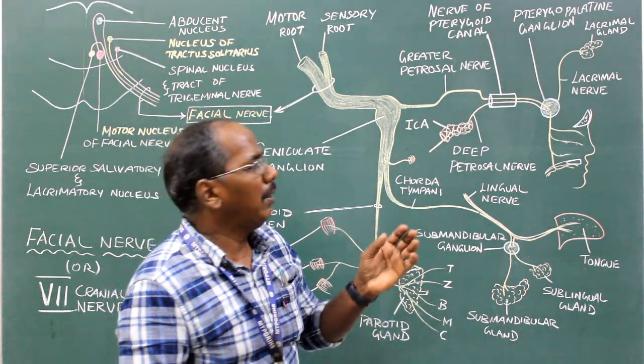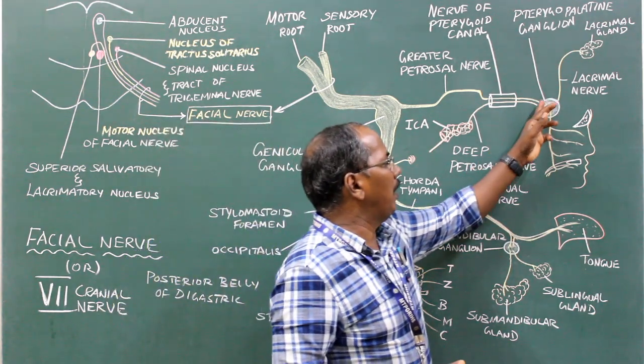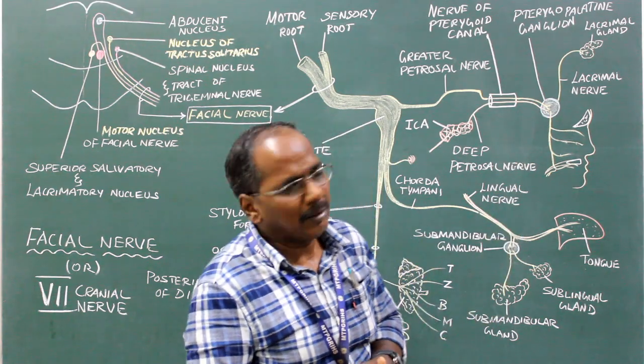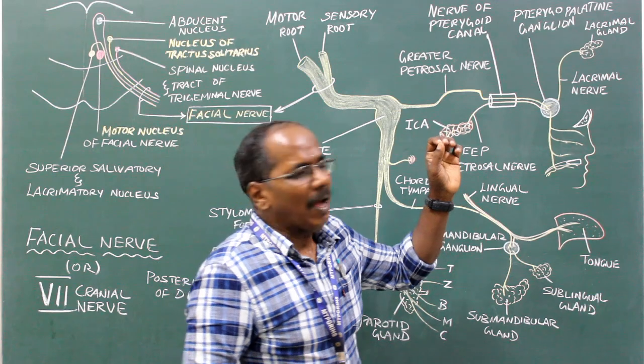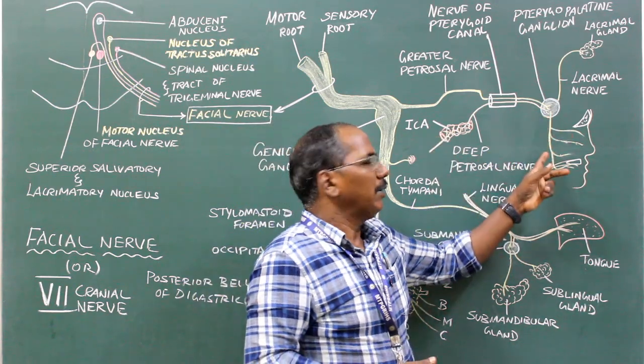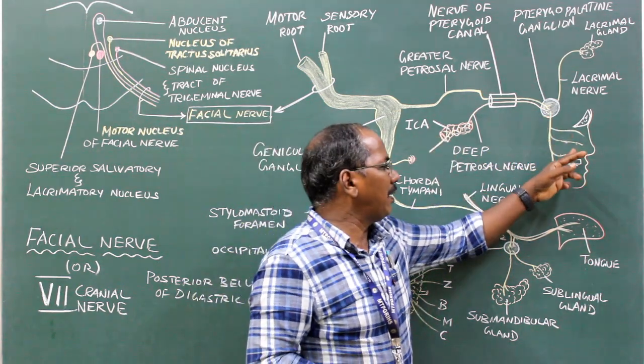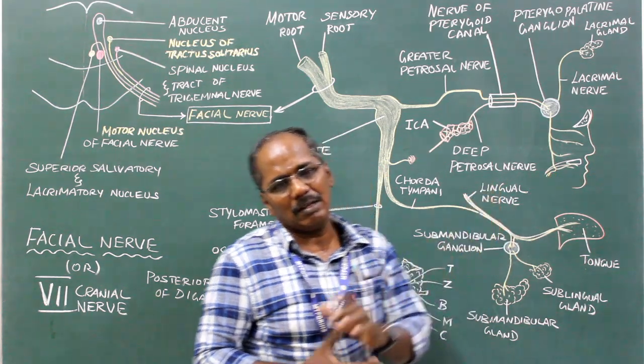The post-ganglionic fibers arising from the pterygopalatine ganglion supply the lacrimal gland and also the glands of the nasal cavity and soft palate.